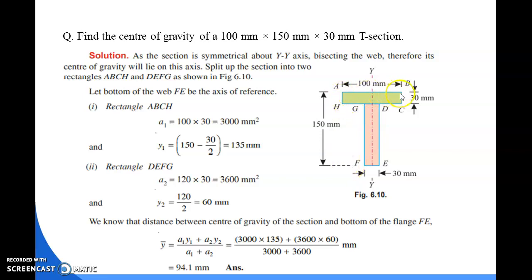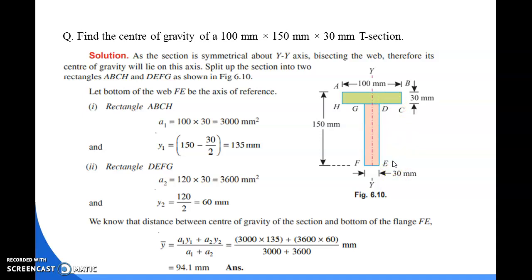Hence, in case of a rectangle, we know that the centroid or the CG is acting at d by 2. So here this one is the d, so that is 30 mm. So 30 by 2 is the CG of the rectangle, but with reference to the reference axis we need to add this much distance, which is 120.